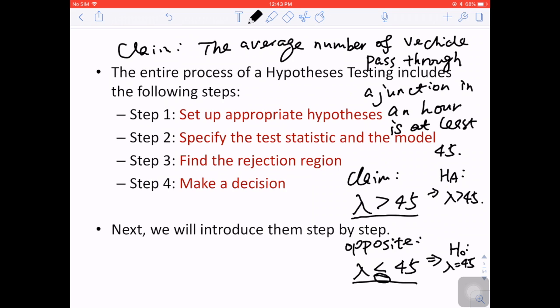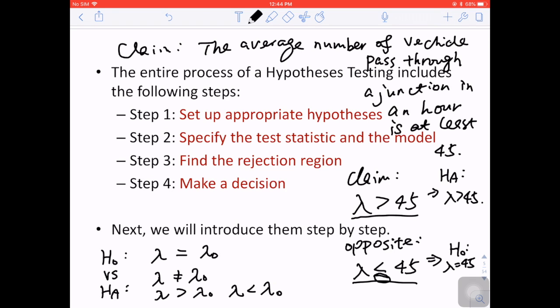So this gives us that my H0 will be the parameter of interest is equal to something, say lambda 0, versus its alternative hypothesis is lambda is not equal to lambda 0, or lambda is larger than lambda 0, or lambda is smaller than lambda 0.